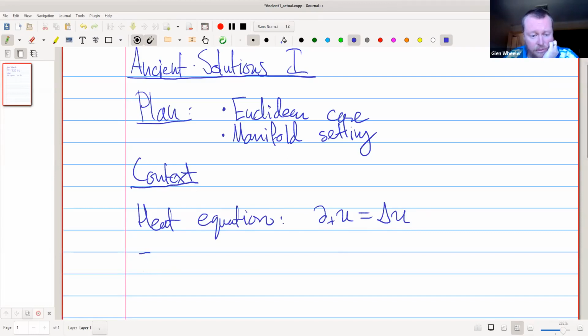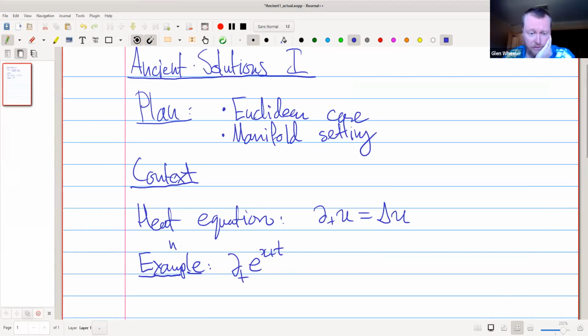So for example, if we take the function e^(x+t), then we can calculate its time derivative in 1D.